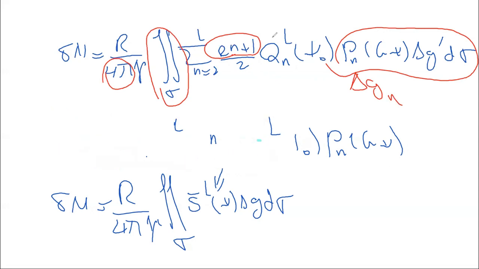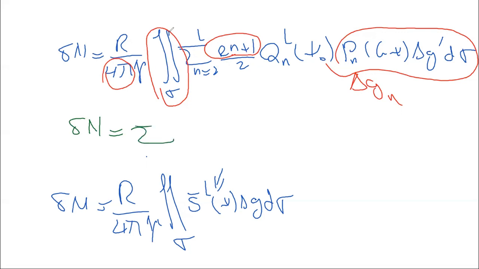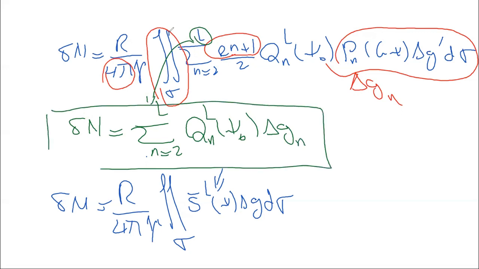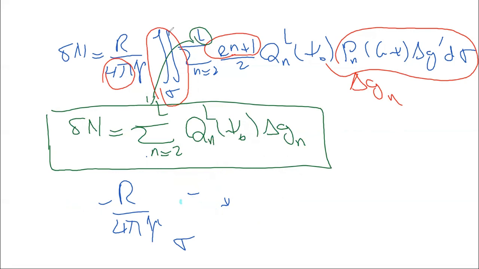Therefore, the spectral form, let me write it in another color, of this truncation error will be sum from 2 to L, because of this L, QnL, sigma 0, delta G. That's it.